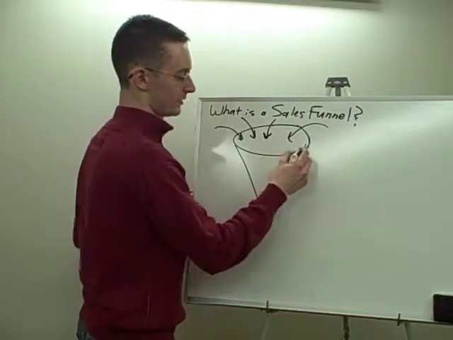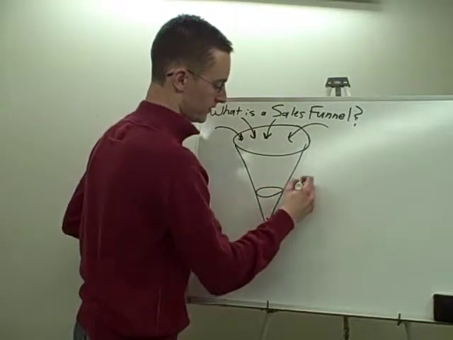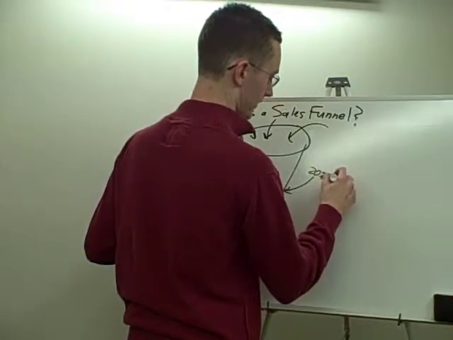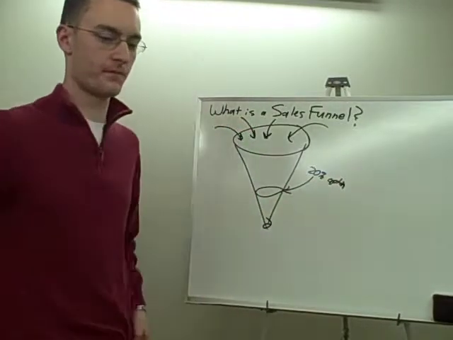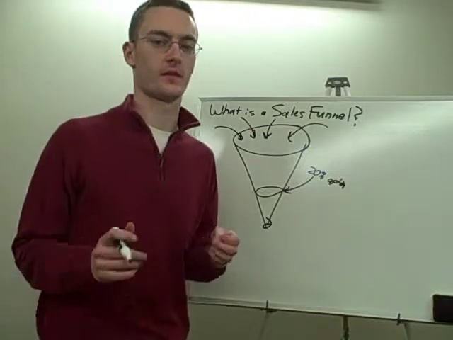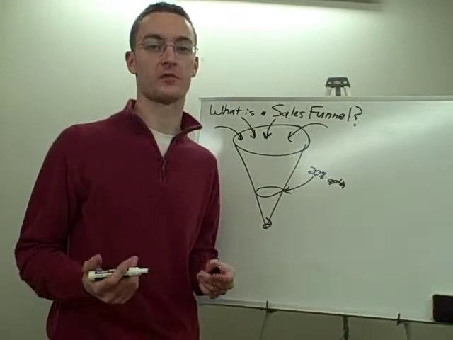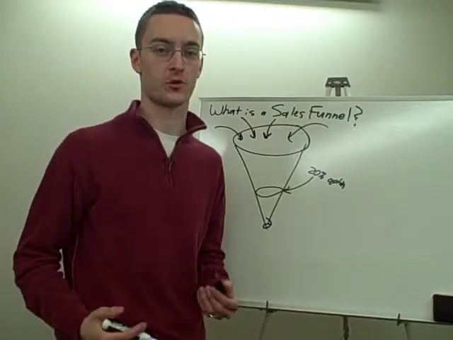And what's going to happen is only a small percentage of those people, let's say down here, 20% of them, opt in. Now, what is opt in? The one strategy that you're going to be using on a lot of your websites is something called a capture form. And in this case, when we build our websites, it's actually going to be a capture page.